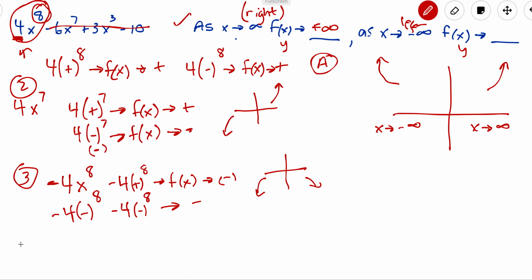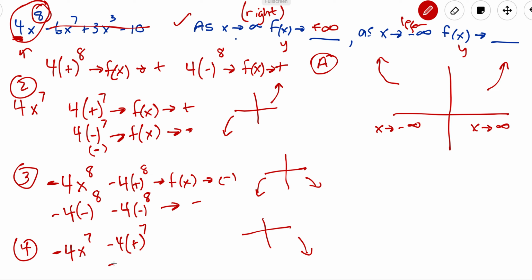And then the last possibility is if we have a negative coefficient but an odd power. If I put a positive number in for x and take it to the 7th power, a positive to the 7th is positive, but if I multiply it by negative 4, I'm going to get a negative. So on the right, it's going to be going down.